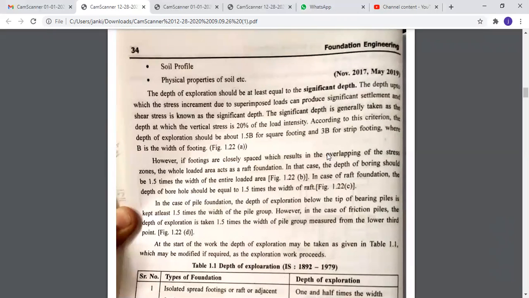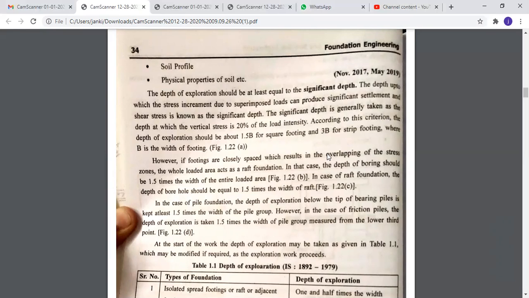Here the main question is, what is the meaning of significant depth? What is the definition of significant depth? The significant depth is the depth up to which the stress increment due to superimposed load can produce significant settlement and shear stress. Significant depth is generally taken as the depth at which the vertical stress is 20% of the load intensity.